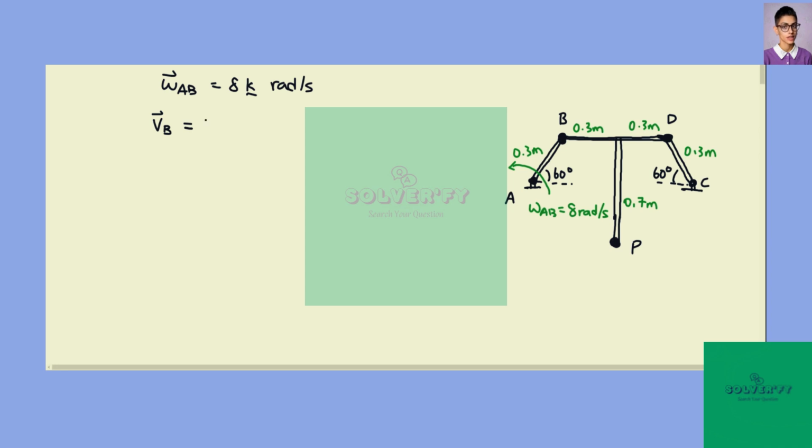So first we find VB, which is omega AB cross RAB. This is 8k cross 0.3 cosine 60 i plus sine 60 degrees j.